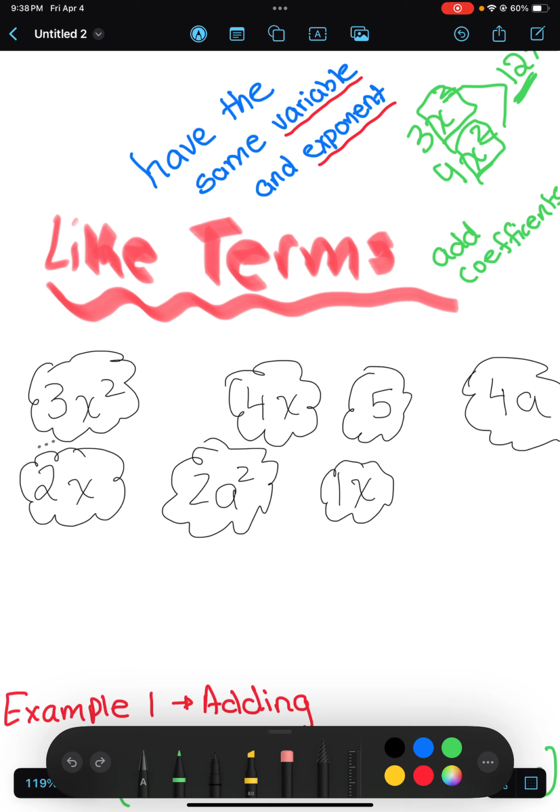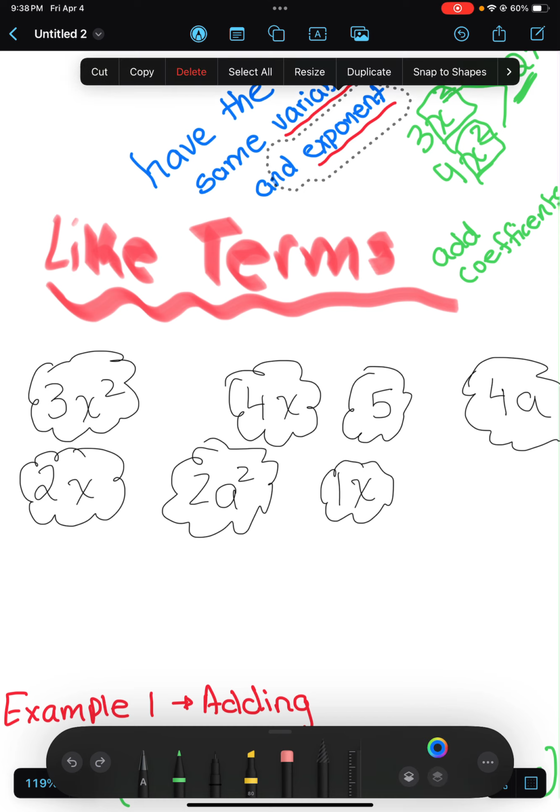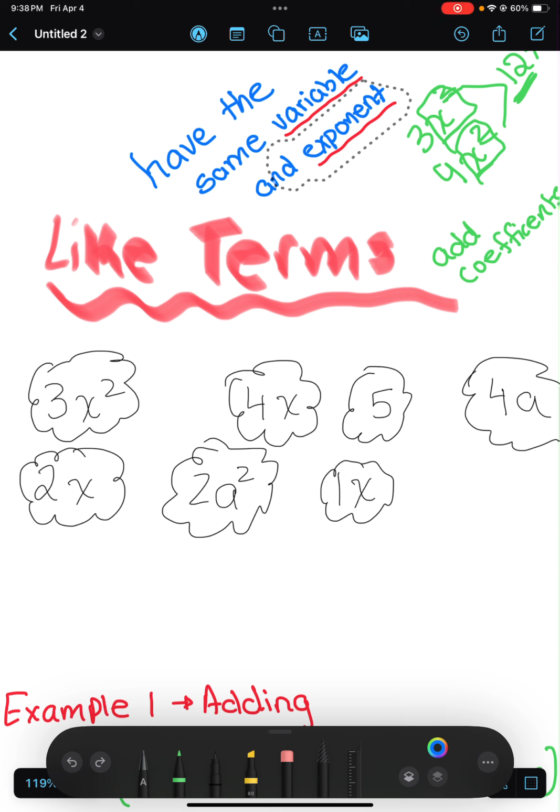I cannot combine 3x squared and 2x because, yes, the variable is the same, but my exponent is not. I cannot combine 3x squared with 2a squared because, yes, the exponent is the same, but they're different variables. I cannot combine 3x squared with 1x. So this does not have a like term in this box.